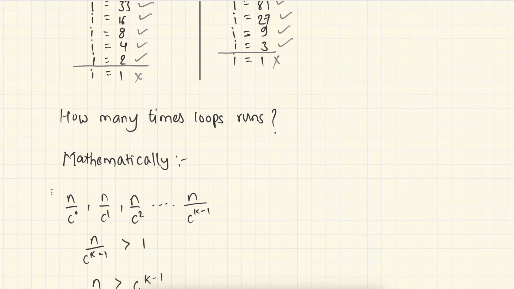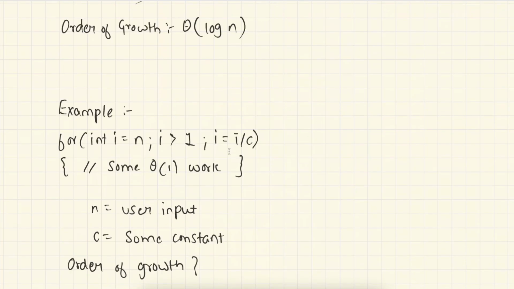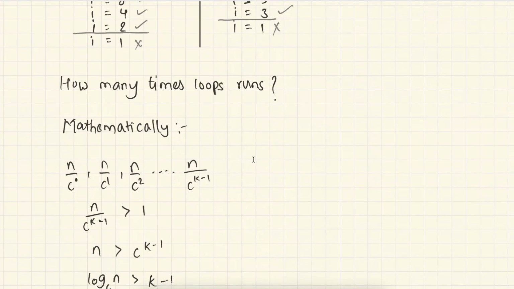We are starting our loop with n, so we can write it as n divided by c to the power 0. C to the power 0 is 1, so it becomes n. In the second iteration, we are dividing n by c to the power 1, so it becomes n divided by c. In the third iteration, we divide n by c squared, and so on and so forth.